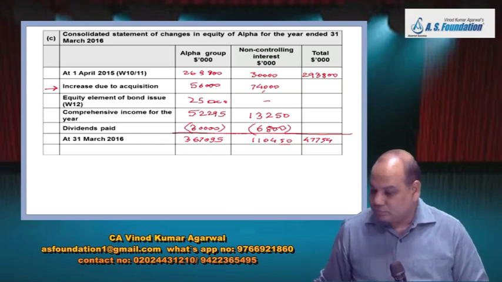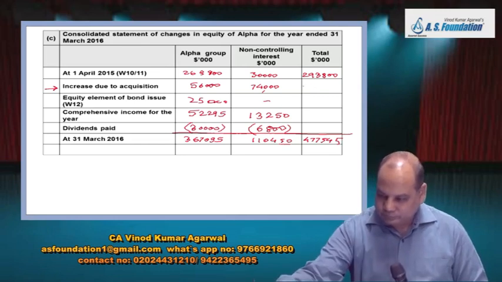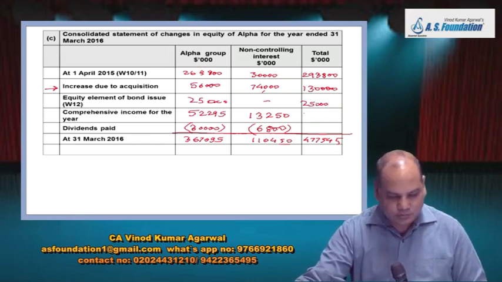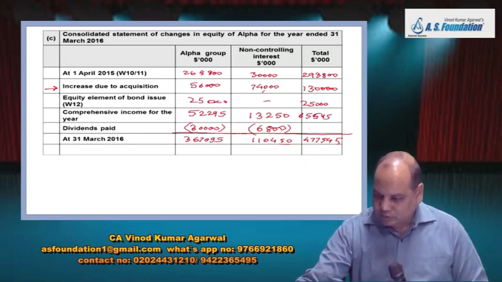Sure. Take total of the other figures also. How much is this second line total? 25,000 after that. And what is this comprehensive income total? 655. Dividend.